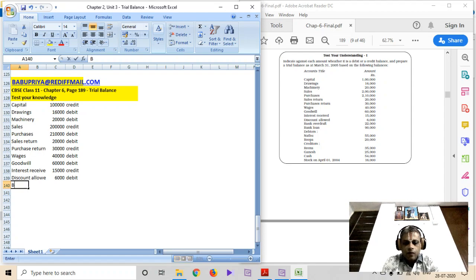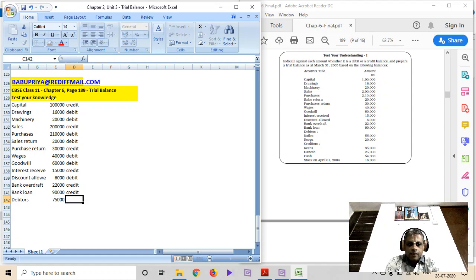Then we have bank overdraft, which is 22,000, a liability, credit balance. Bank loan is a liability, 90,000, credit balance. Then we have debtors. We have two debtors, 55,000 plus 20,000, 75,000, debtors debit balance.